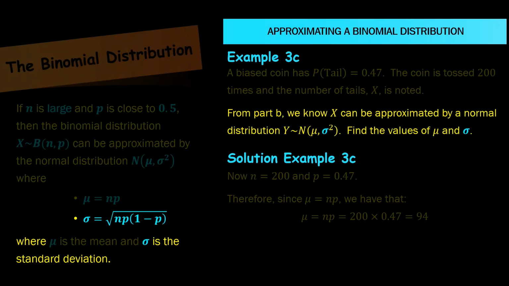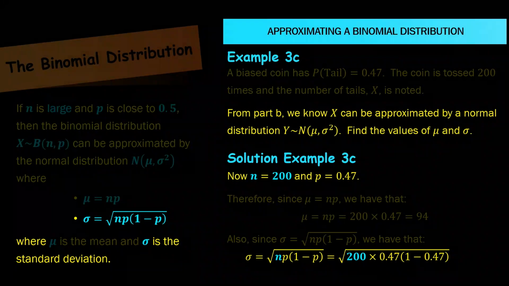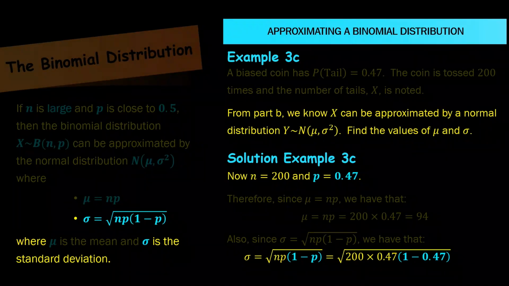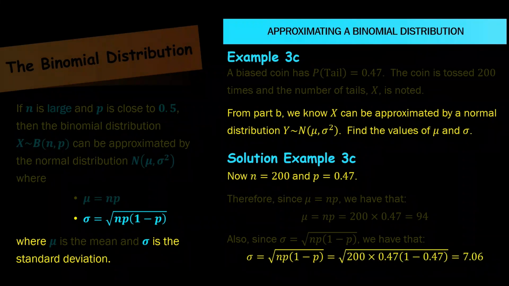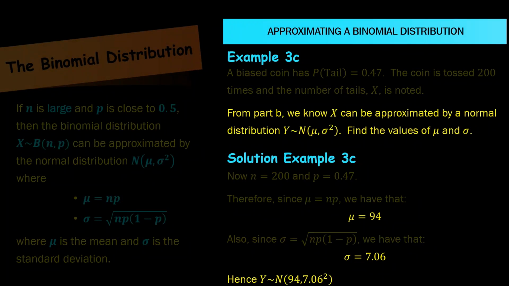So let's plug in the values. We have n equals 200 and p equals 0.47 and 1 minus p equals 1 minus 0.47, giving us that sigma equals 7.06. And therefore, y is distributed normally with mean 94 and variance 7.06 squared.